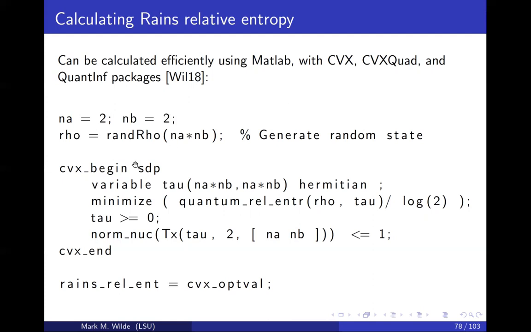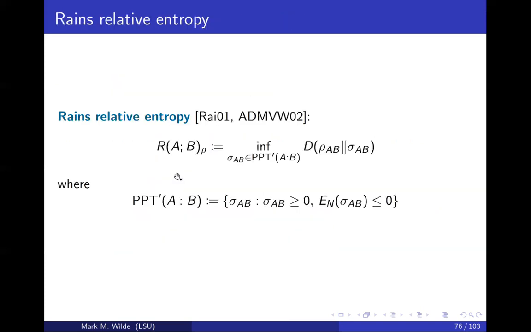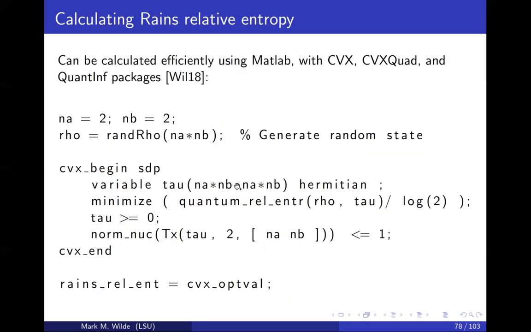Okay, so this is a convex optimization problem. You're optimizing over all operators in this set. I'm calling them tau in the program. And then you're just minimizing the quantum relative entropy function between the state of interest rho and tau.